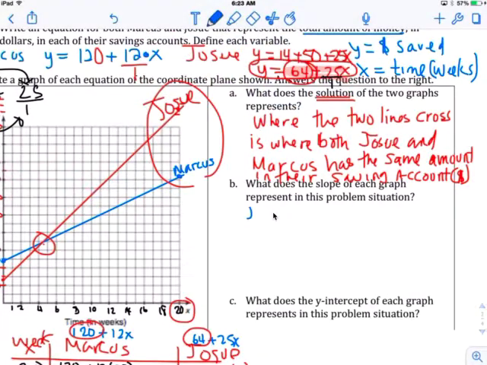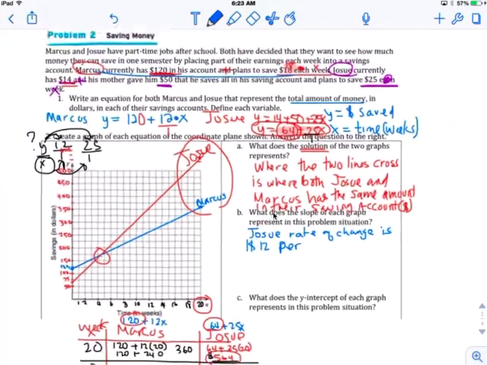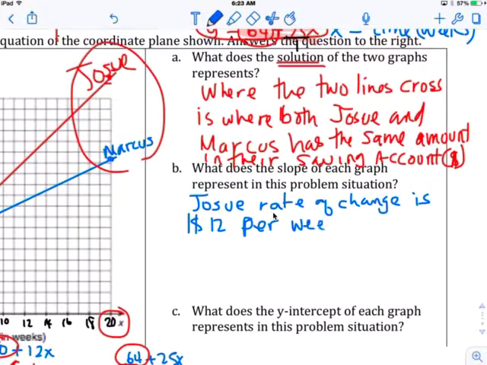All right. What does the slope mean? Okay. Josue. Rate of change. Our slope is $12 per week, which means he saves $12 every 1 week.